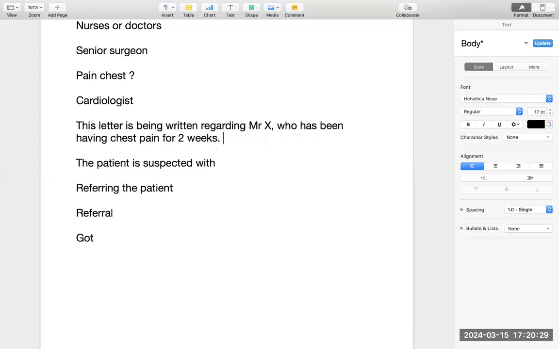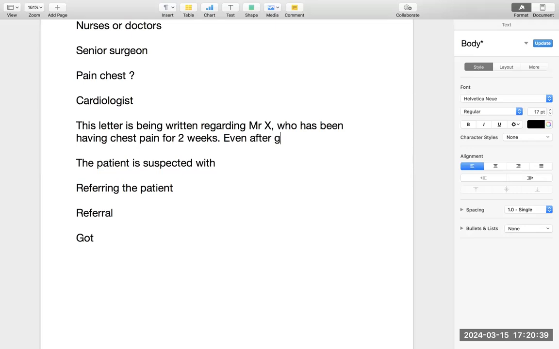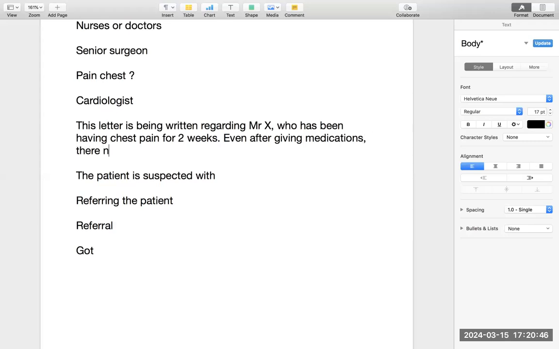The word "even" is important. Even after giving medications, there has not been any improvement. This is the grammar.